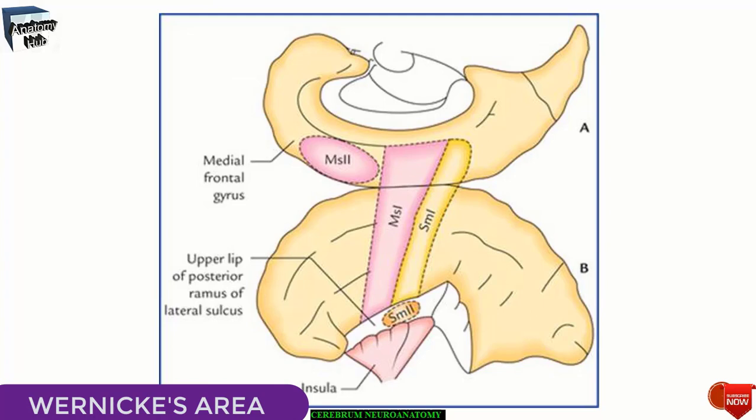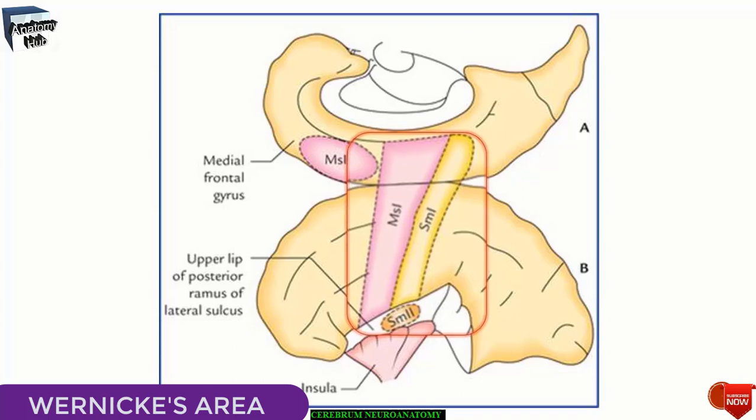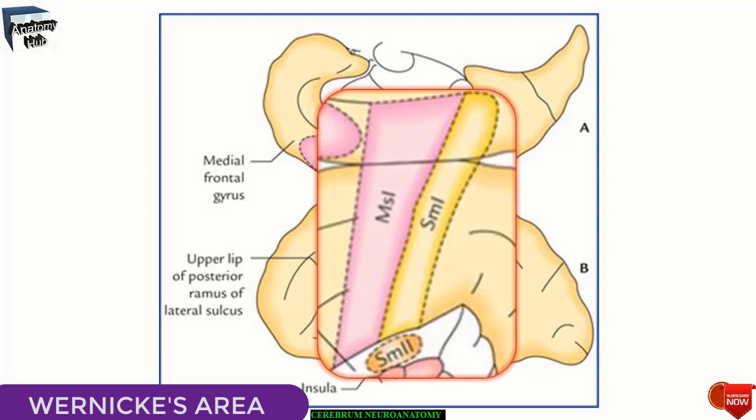Recently, it has been found that both motor and sensory areas are not exclusively motor or sensory, but sensorimotor in nature. The motor areas are predominantly motor, while the sensory areas are predominantly sensory.